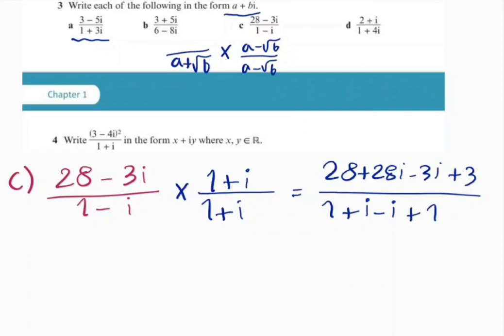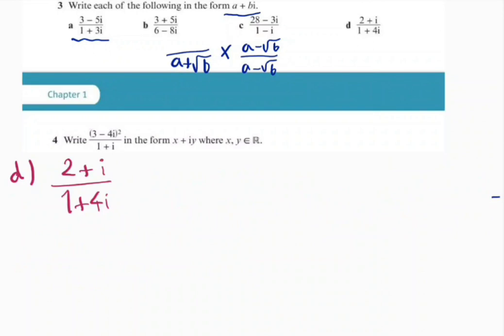Now simplify. 28 plus 3 is 31. Then we have 28i minus 3i, which is 25i. And we get 2 in the denominator. And that's it.